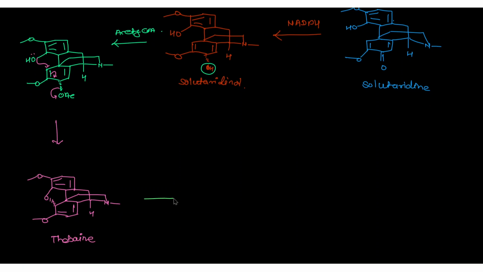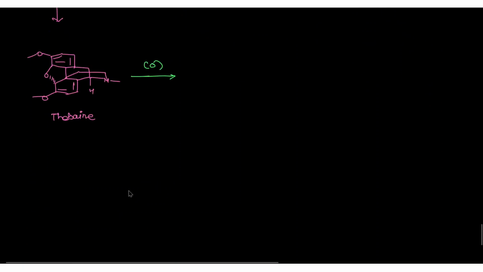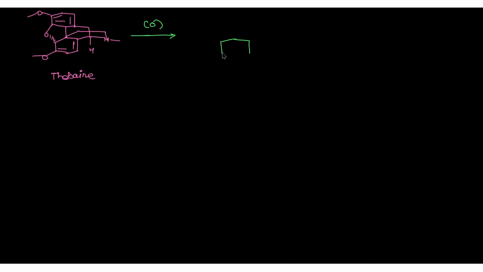In next step, oxidation takes place, and we get. In next step, demethylation of thebaine via hydroxylation, cleavage of methyl as formaldehyde, and we get neopinone.